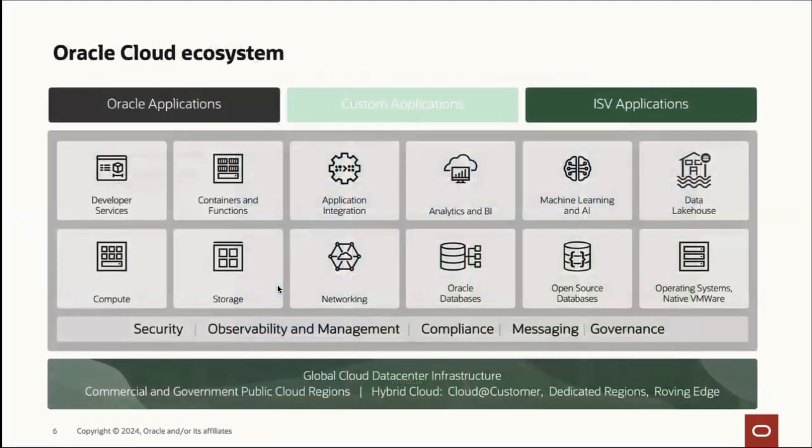I also wanted to show Oracle's complete cloud ecosystem. Right now, wherever you are in your cloud journey for your company, you may have some of the concepts that you see here. You may be running Oracle applications using some of the infrastructure components that we have on here. This is really just showing you the total landscape that a customer could have.